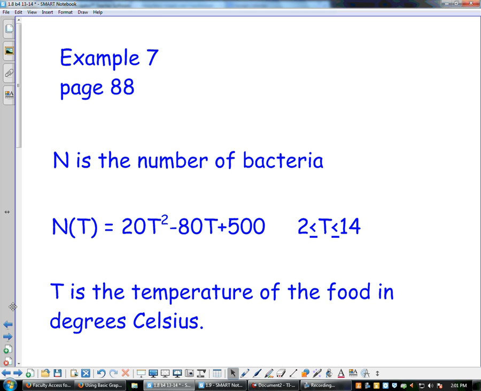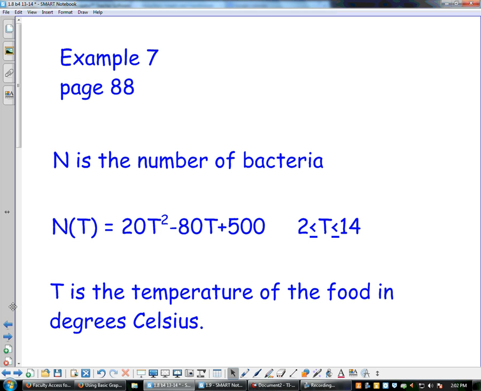All right. Okay, so we're looking at example 7. It says the number n of bacteria in a refrigerated food is given by that degree 2 quadratic function, where capital T goes from 2 to 14, and capital T is the temperature of the food in degrees Celsius.